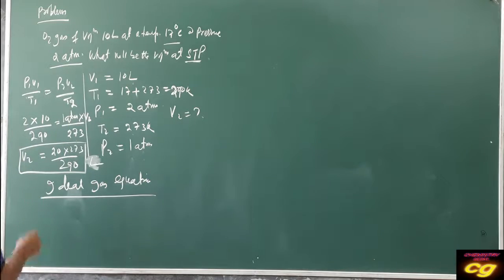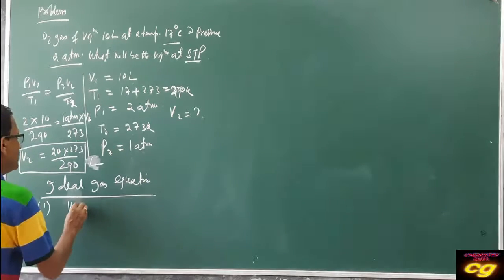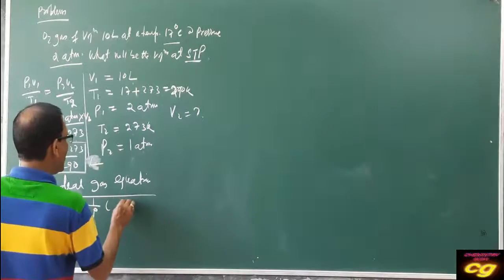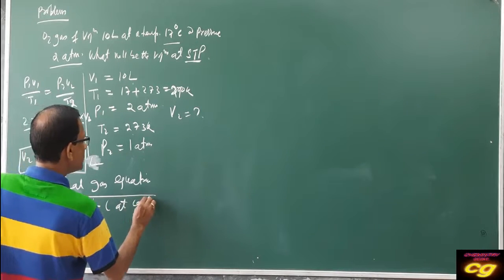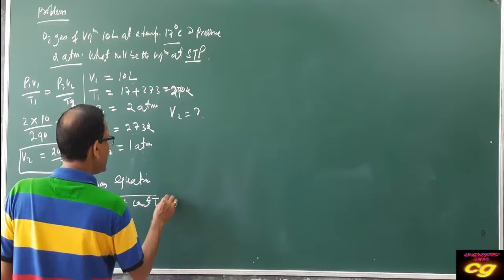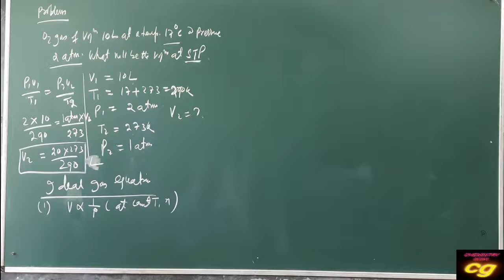As per Boyle's law, V is inversely proportional to P, at constant T and N. N means the amount of gas, or the number of moles, is also constant.